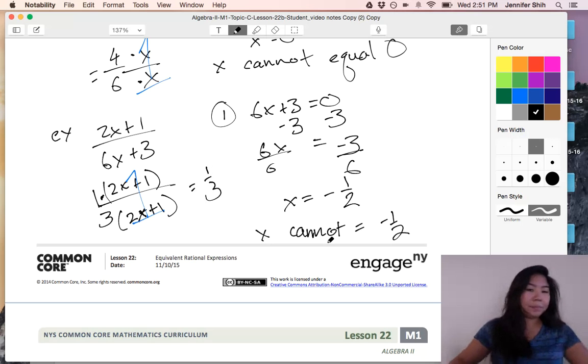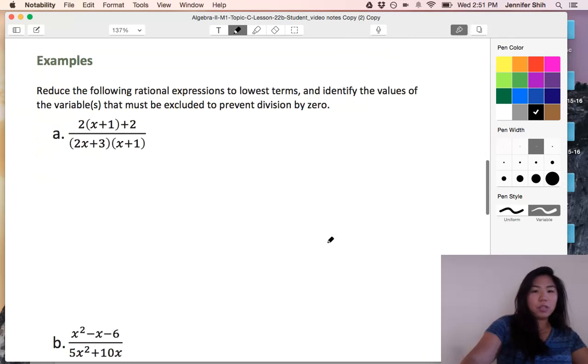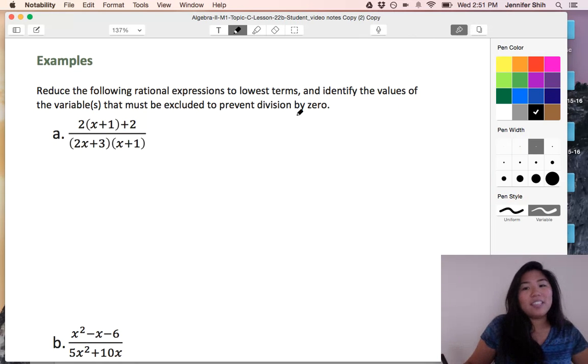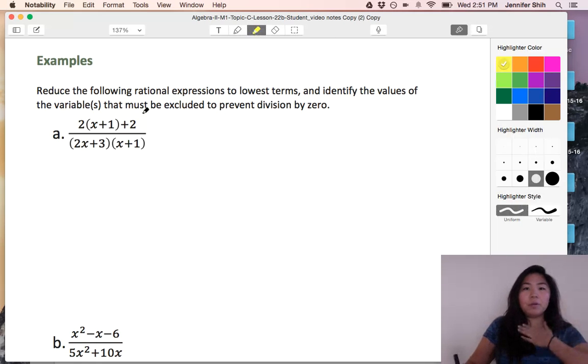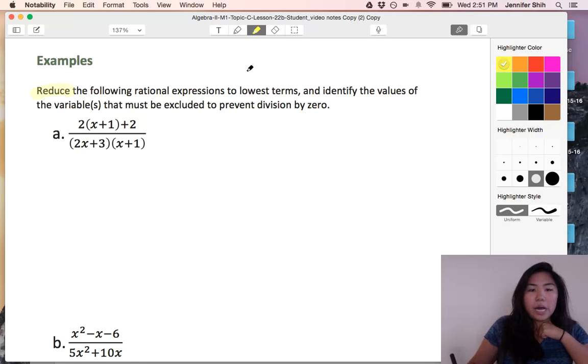Okay, let's move on to some more examples where the instructions say to reduce the following rational expressions to lowest terms and identify the values of the variable that must be excluded to prevent division by 0. Well, okay. We are going to need to reduce our expression, and we need to identify values to prevent division by 0.